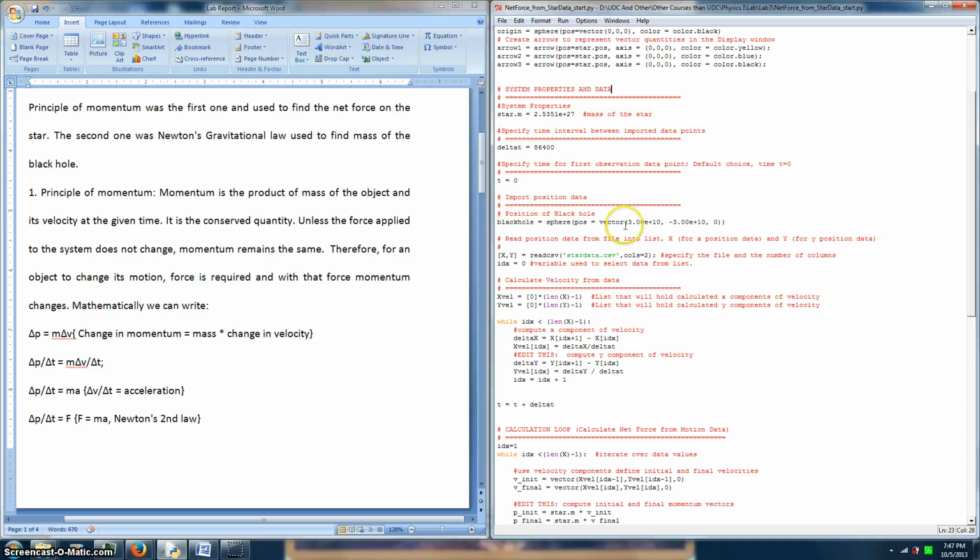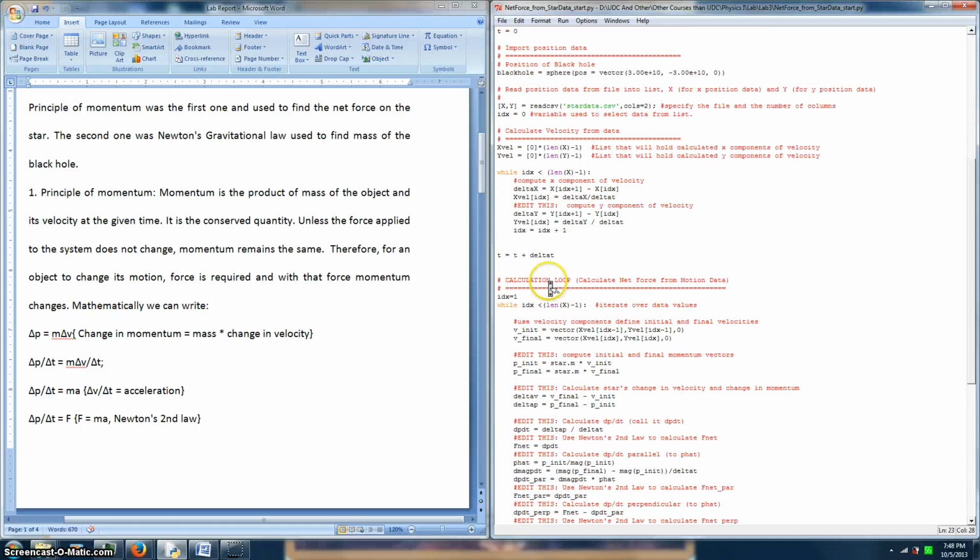We have the black hole position fed in here, and the data is fed into the respective x and y positions by this line of code, and those position data are used to compute the x component and y component of the velocities. The difference in the respective positions divided by time will give us velocity, as v is displacement by time.